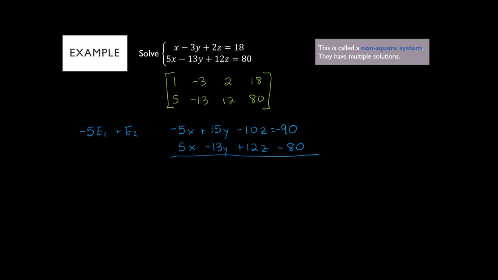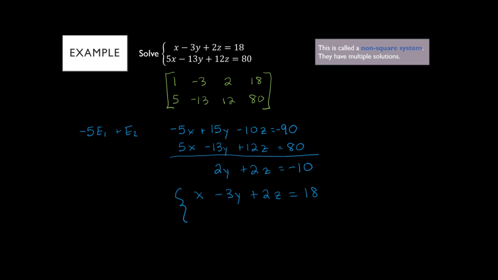Okay, so our x's eliminate. 15 minus 13 is 2y, -10 plus 12, that is 2z, -90 plus 80 is -10. So if you're looking at our system so far, we've got x minus 3y plus 2z equals 18.